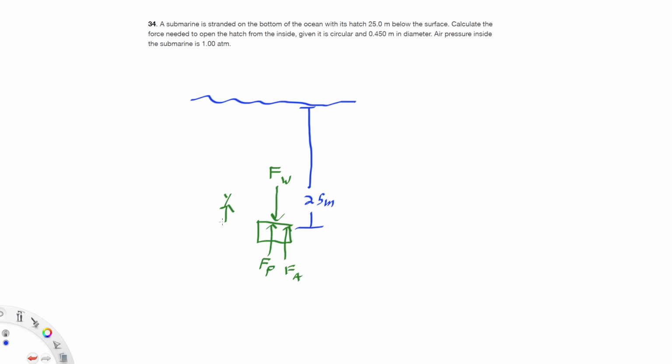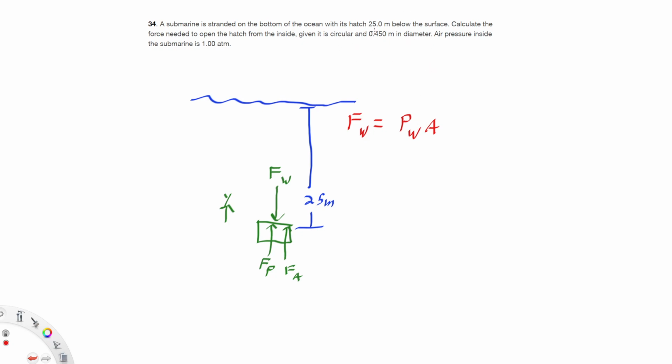So buoyancy is something that's going to be affecting the sub as a whole. But it's not going to be affecting the door specifically. Alright, so the force of the water, let's say, is equal to the pressure due to the water times the area of the door.